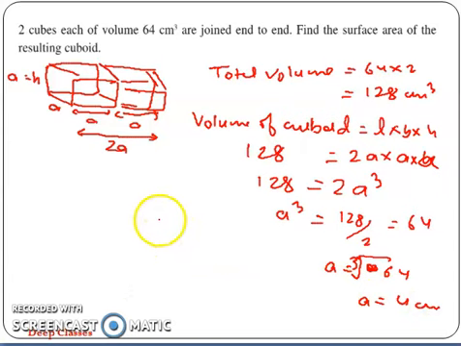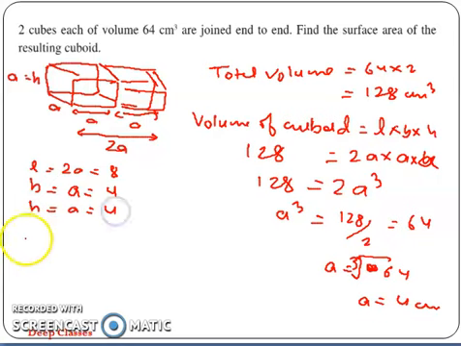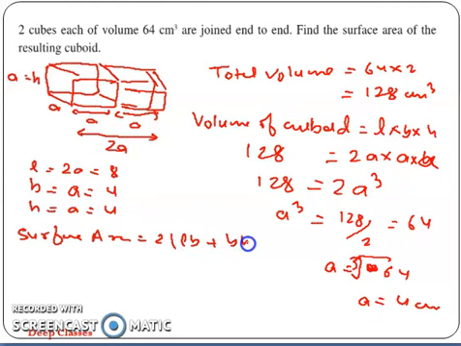Now we can write length is equal to 2A, which is 8, B is equal to A, which is 4, and height is equal to A, which is again 4. So the total surface area is equal to 2(LB plus BH plus HL).